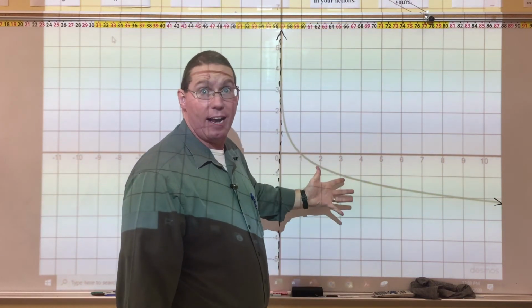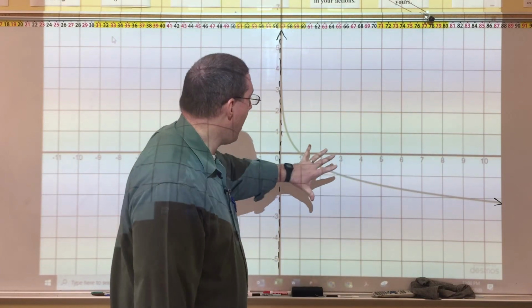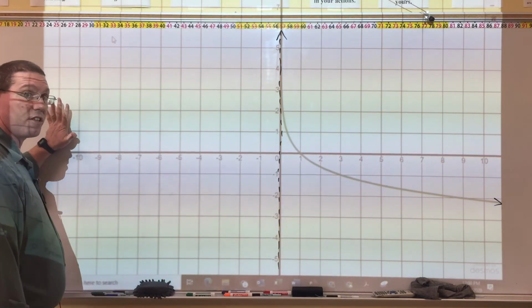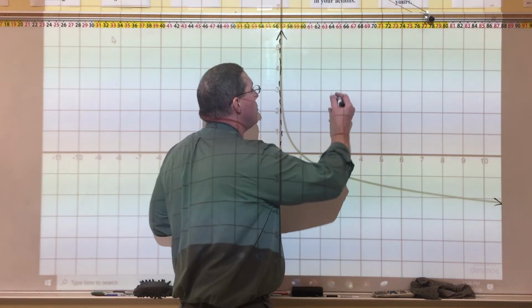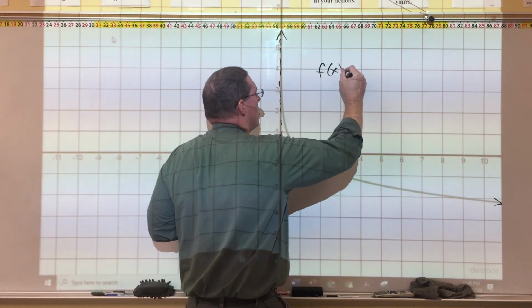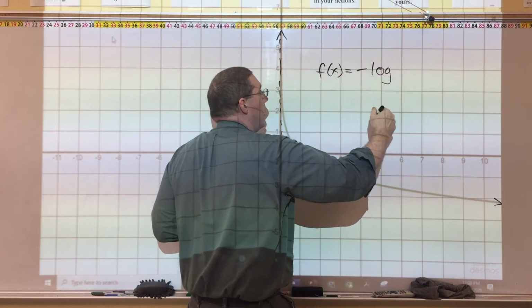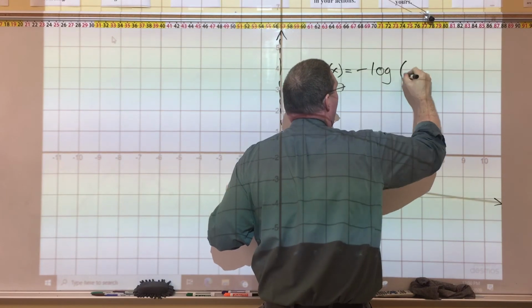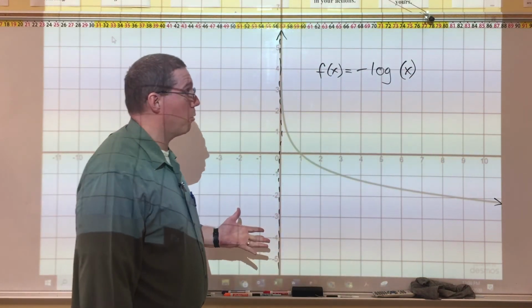Well, that's because it's upside down, okay? So this is not backwards, okay? If it was backwards, it would be over on the left side of the asymptote, okay? So we know that this is going to be f of x is equal to negative log of some base of x. Not negative x, just x, because it's not backwards, okay?